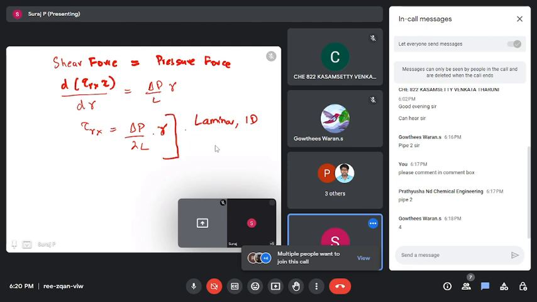Tau 1 is equal to delta P by 2L into D by 2, and tau 2 is equal to delta P by 2L into D by 2. So from this, we can conclude that both the shear stress will be equal. It is independent of viscosity of the fluid. Please note that the shear stress will be equal in both the cases. It is independent of viscosity.